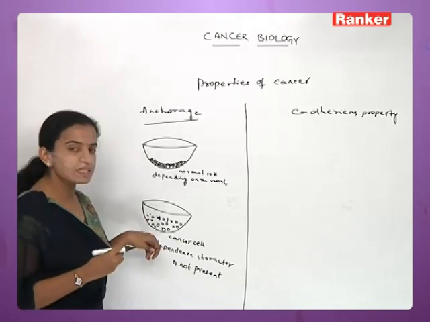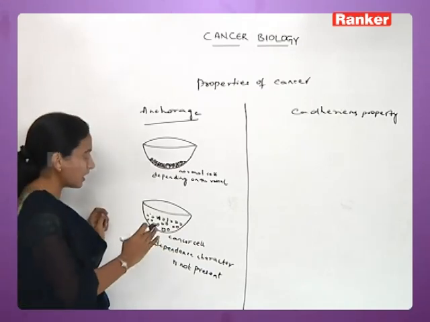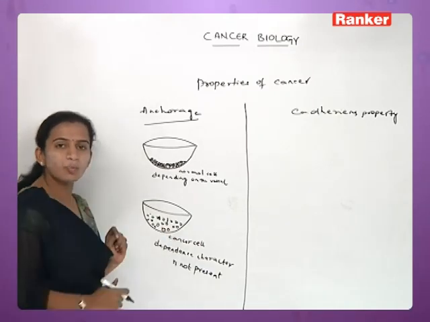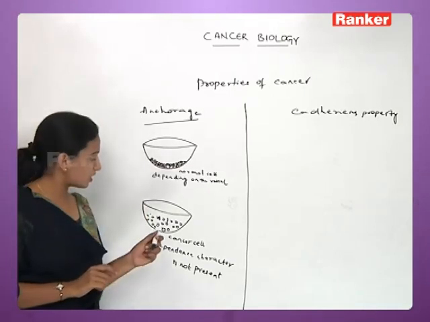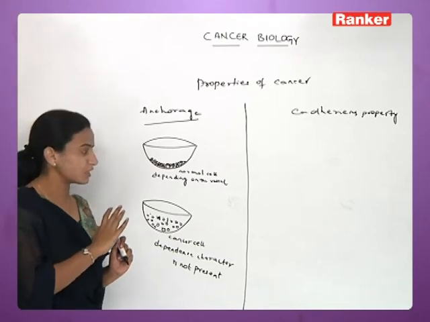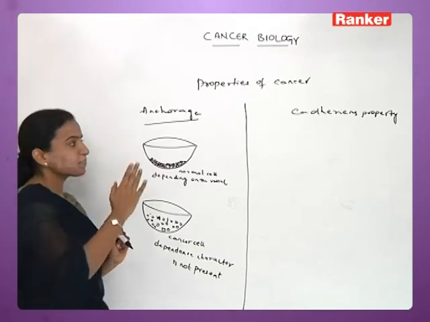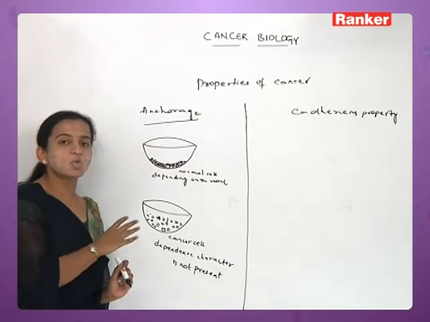In the cancer cell, there is a lot of scope of division, and you can see how they are scattered all over the vessel, whereas the normal cell is not scattered. So you can say that anchorage dependence is present in a normal cell, but it is not present in a cancer cell.